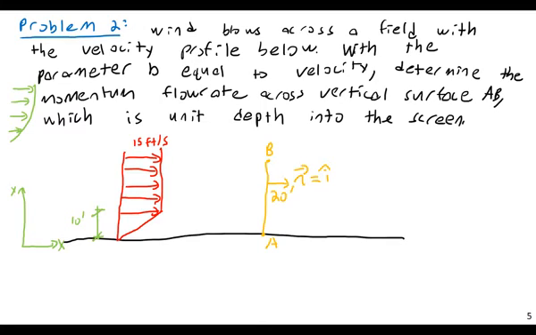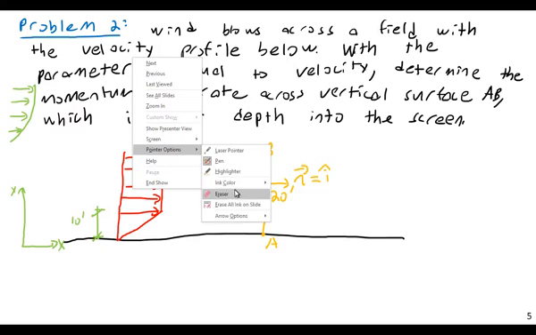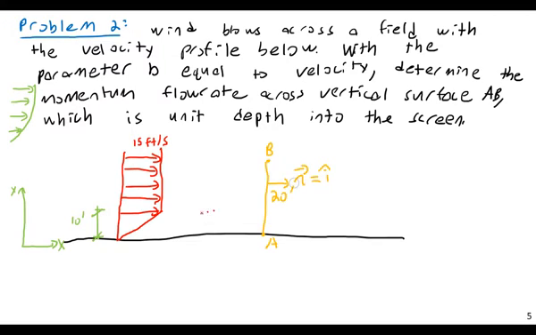So, questions on what we're doing? Again, what we're trying to find is the total amount of momentum per second that is flowing through this surface. I should maybe show an arrow there too. So that's what I want.